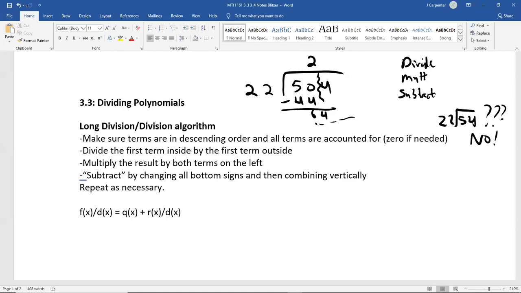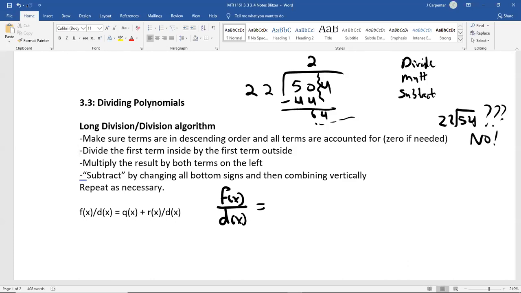Now this thing right here, let me write this in actual math speak. In fraction form, f of x over d of x. So this is just saying if we got a function and we're dividing it by something, d of x is saying the denominator. So we got something divided by something else.